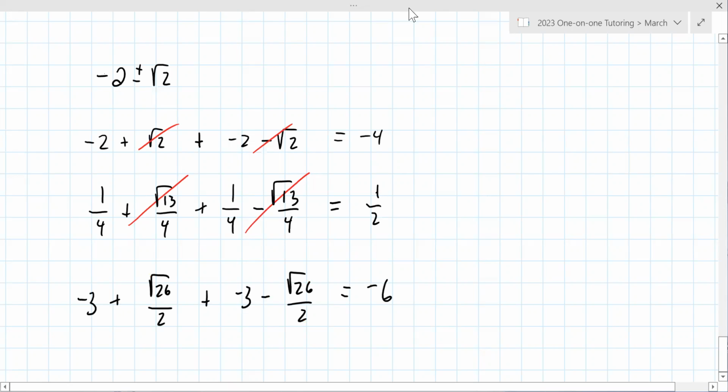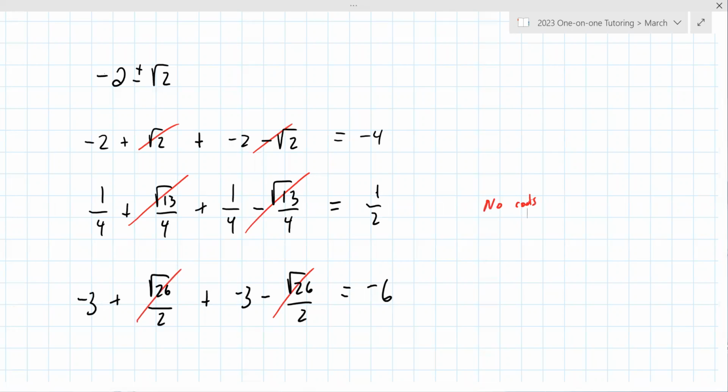What do you notice about all of these? The roots cancel out. There's no roots in the answer, which is kind of interesting, because you have roots and then they go away.